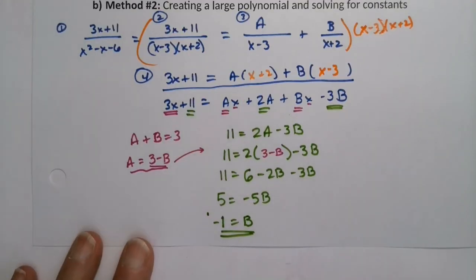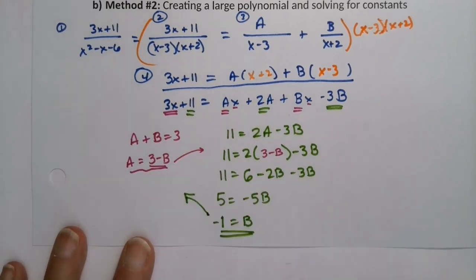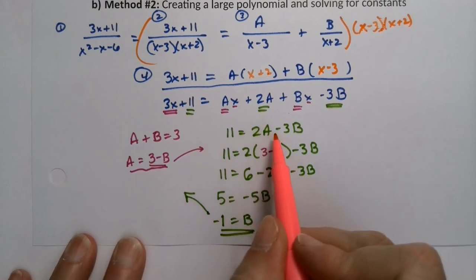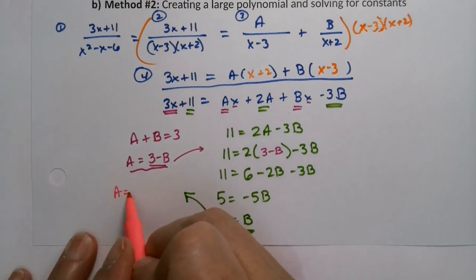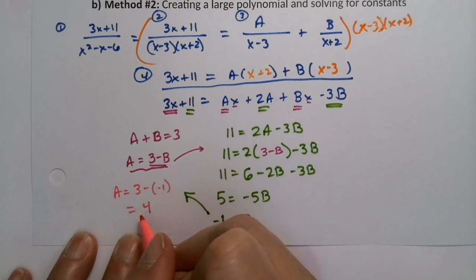And once I know negative 1 is b, then I can go use that back here. I substituted in once, then I'm doing it again. So I used a was equal to 3 minus b, and I substituted it in over here. And then I solved for b. And now I'm taking that value for b and I'm putting it back in. So a is 3 take away negative 1, which is 4.